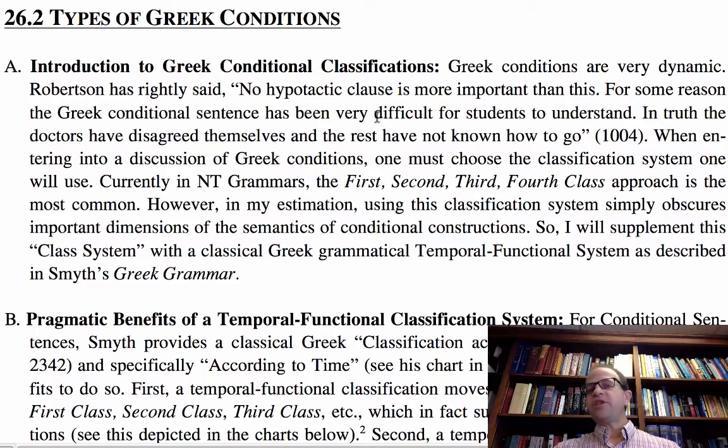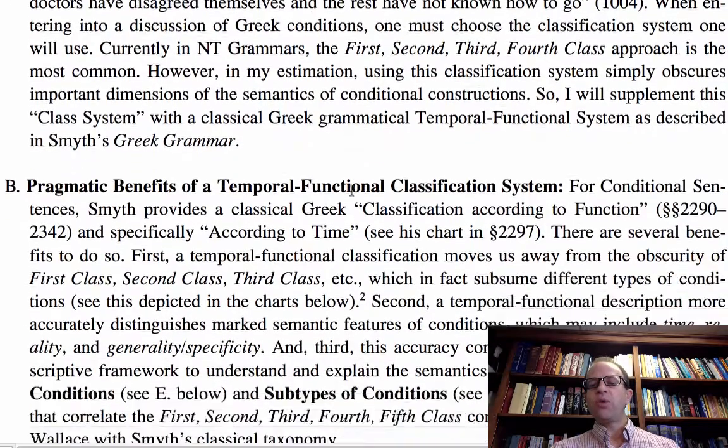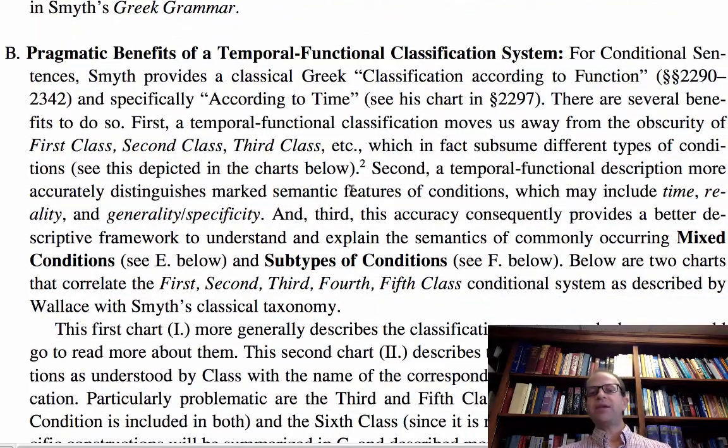But this classification system, for me, obscures from students the dynamics, the time frame, and the particular dynamics of the construction. And so I'm going to be presenting to you a temporal functional classification system, which is described in Herbert Weir Smyth's Greek Grammar.